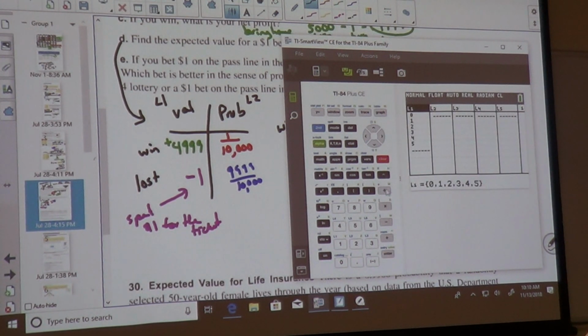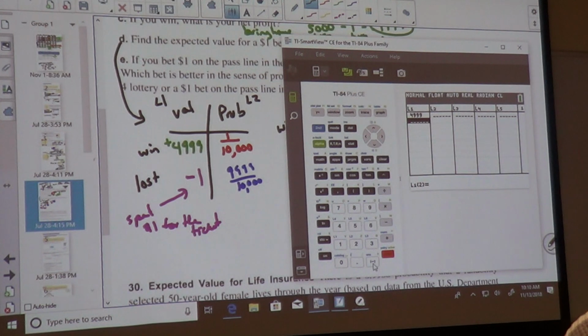So 4999, and in the next one -1, not subtract 1, but negative 1. Negative's down here. And then in the other list, 1 divided by 10,000. It's okay, don't freak out on me. And then 9999 divided by 10,000. We good?